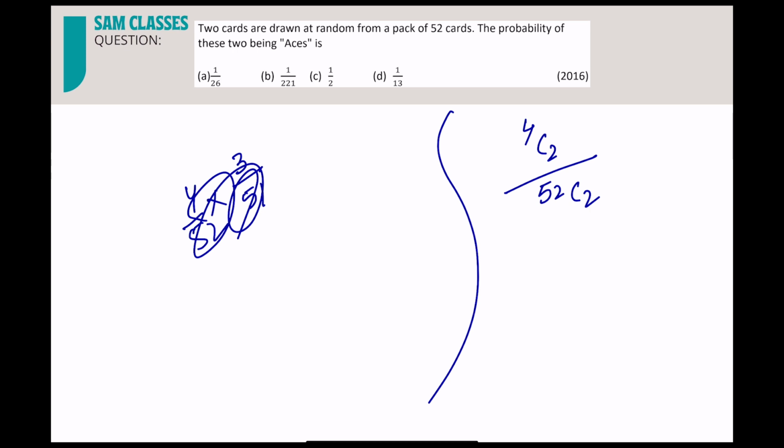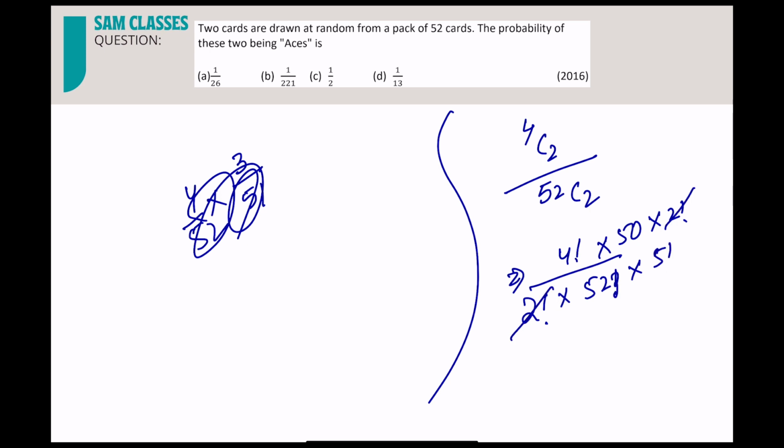What you will get as the answer, we'll see. Let's see. 4 factorial by 2 factorial into 52 factorial by 50 factorial into 2 factorial. Correct. So this and this are gone. 52 can be written as 52 into 51, and this 50 factorial is gone. So 52 and 51, 4, 3, 2, that's it.